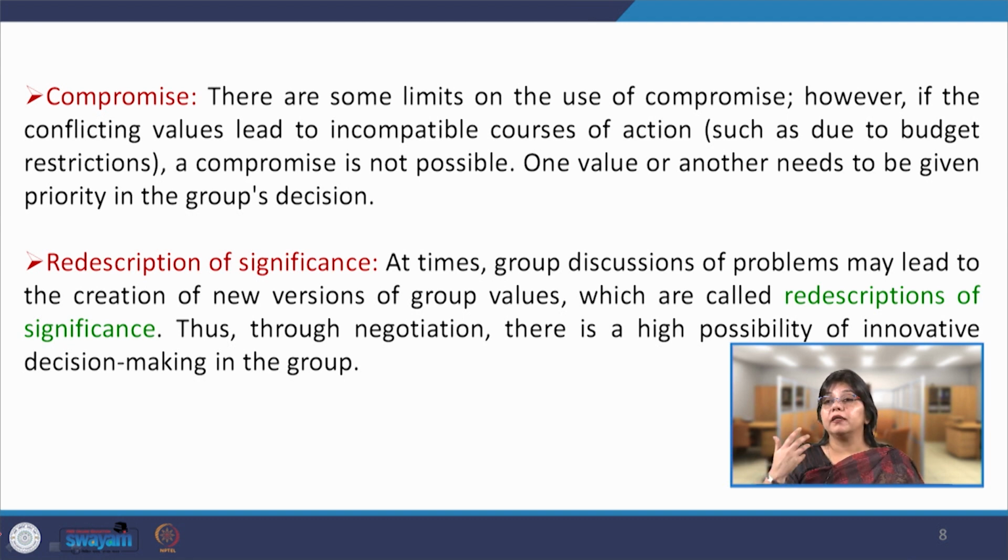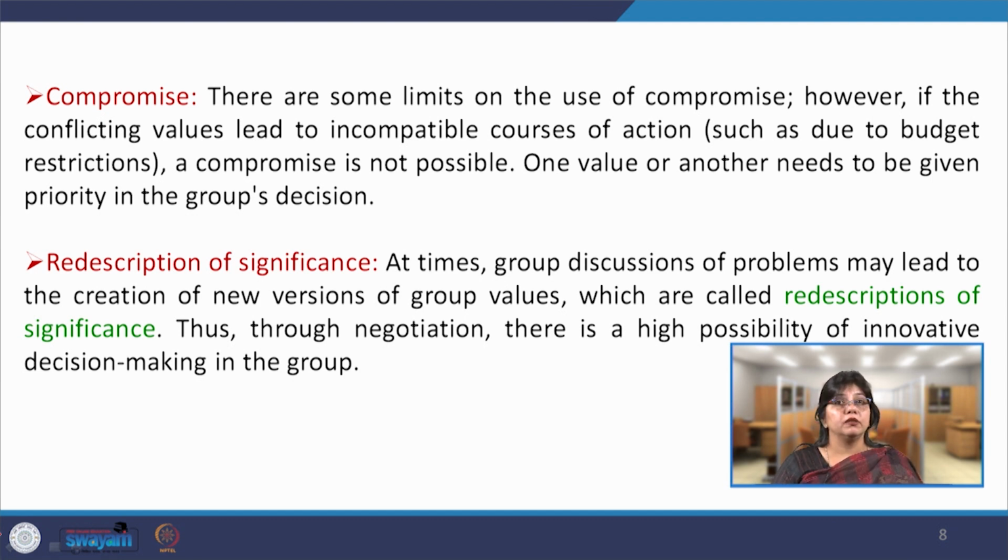They are deciding on some other aspects of the problems that lead to another kind of group value. There is more consensus to those new versions or new solutions to the problem, and this new version is known as redescription of significance: whatever group value was prioritized, now it has been given a new face with some novelty in the idea, and there is redescription of that value.